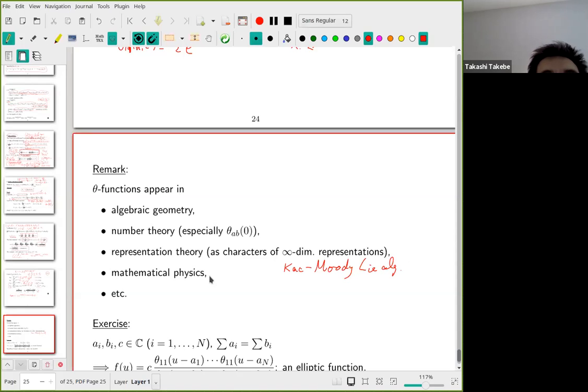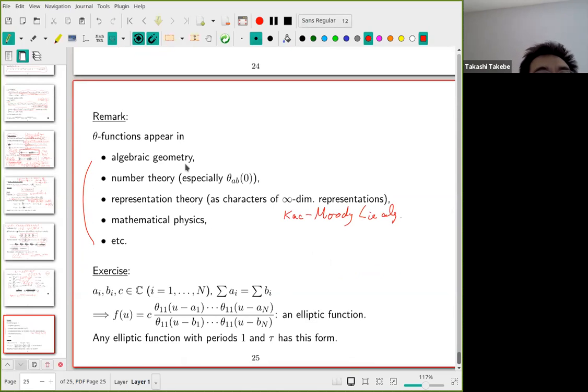Or in mathematical physics, for example, conformal field theory or string theory, theta functions appear in the computation of one loop correlation functions, etc. Well, so it's very important in applications, and also in the theory of elliptic functions, which we are interested in.